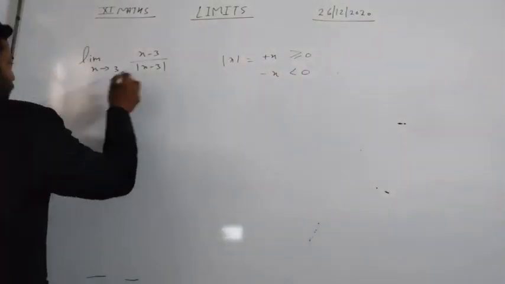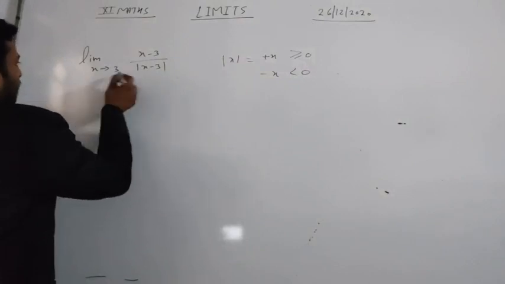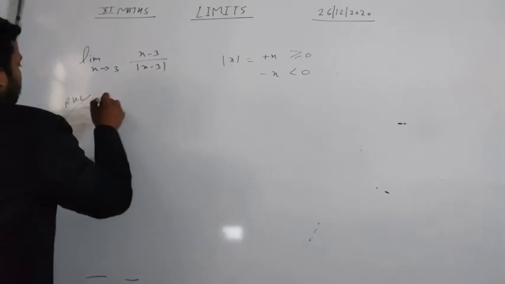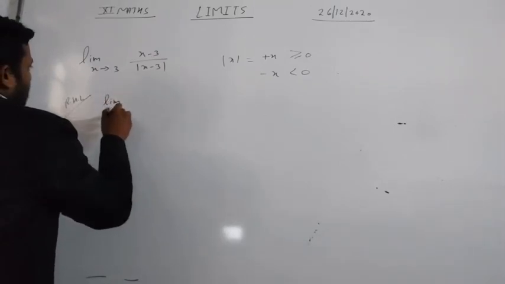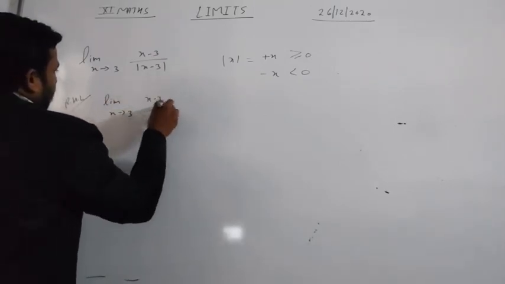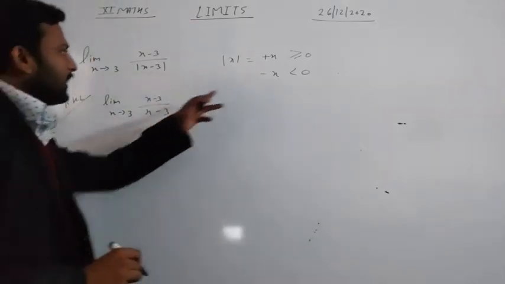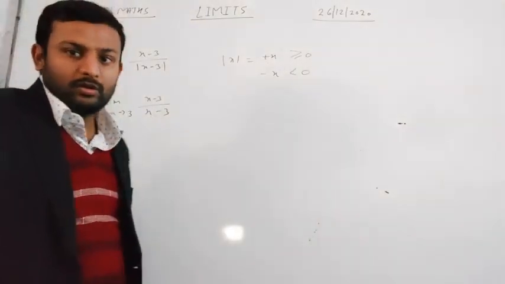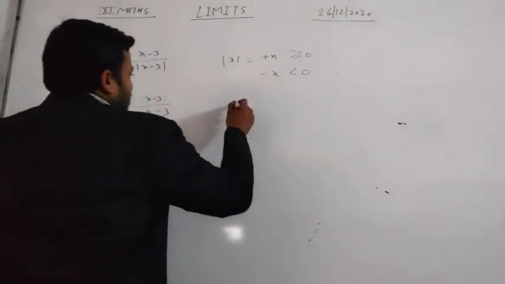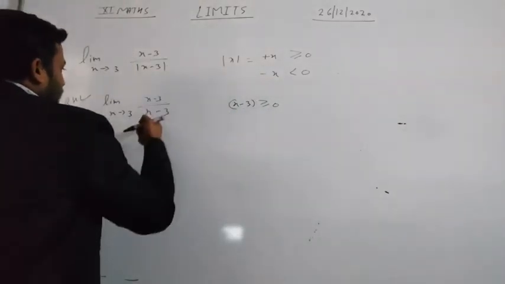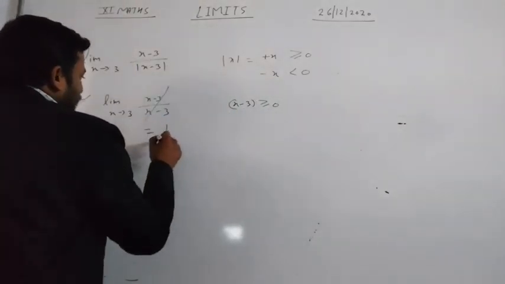If we are taking its right hand limit, limit x tends to 3, (x minus 3) by (x minus 3), it means x minus 3 is greater than 0, so this is positive and it will be equal to 1.